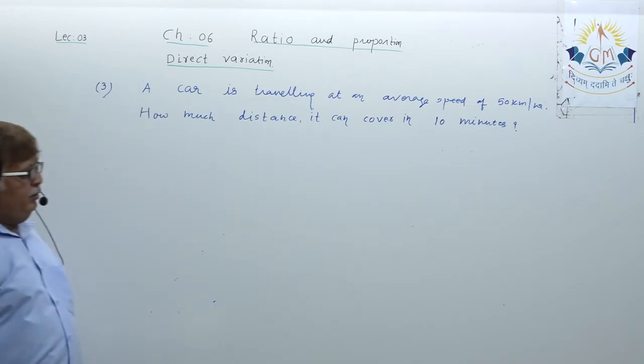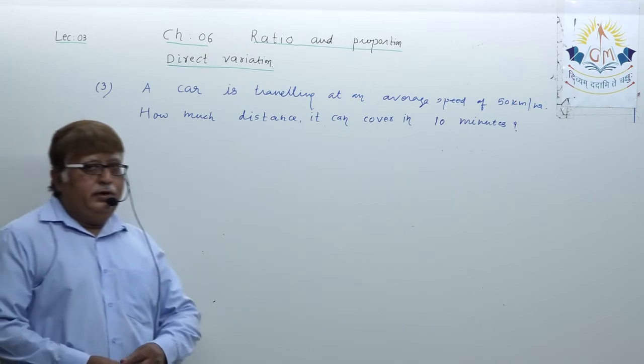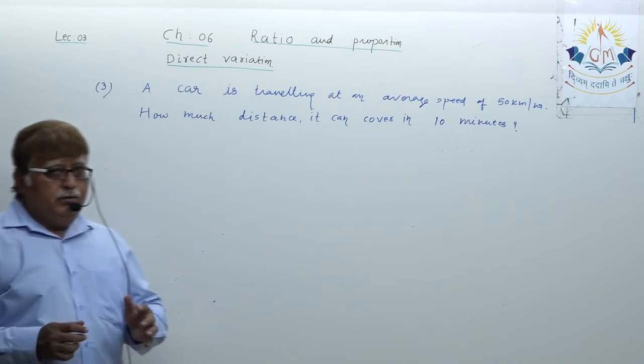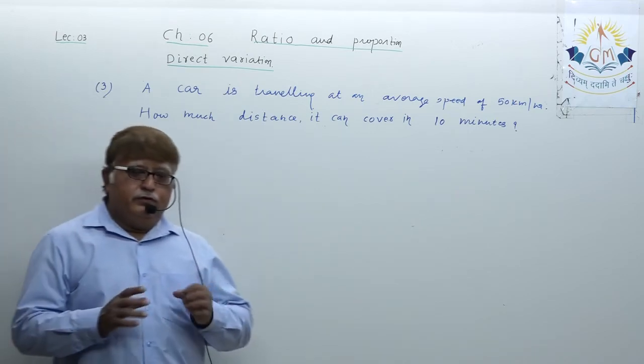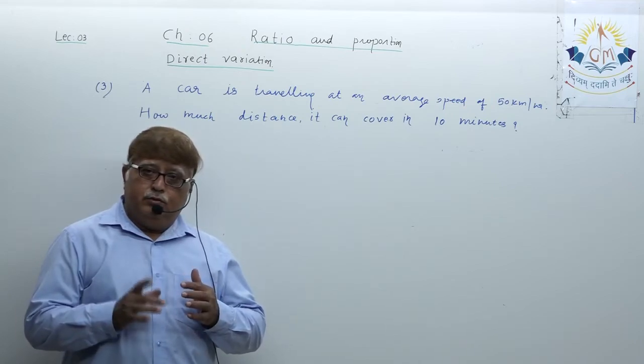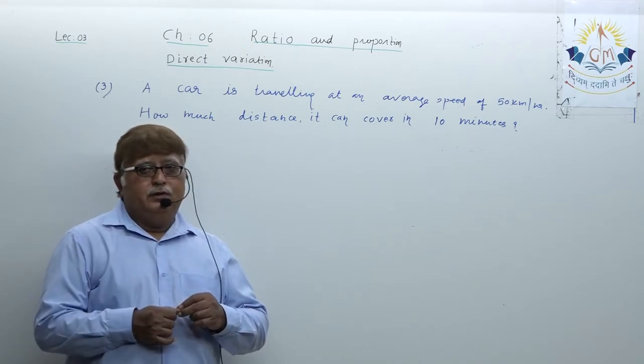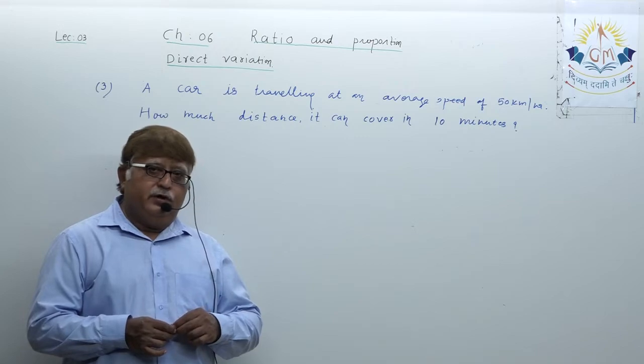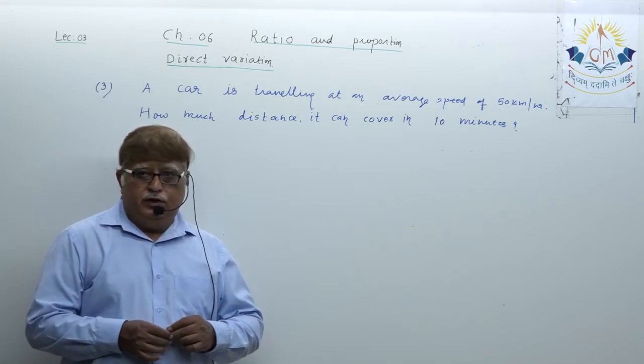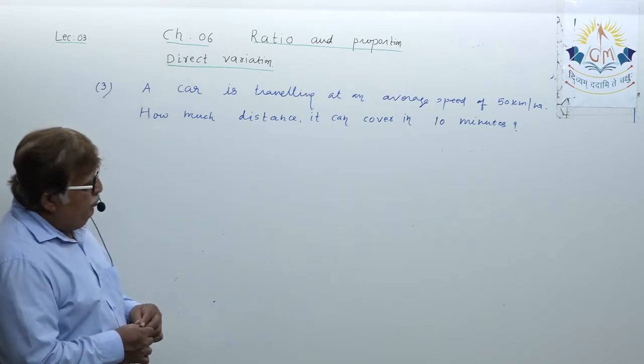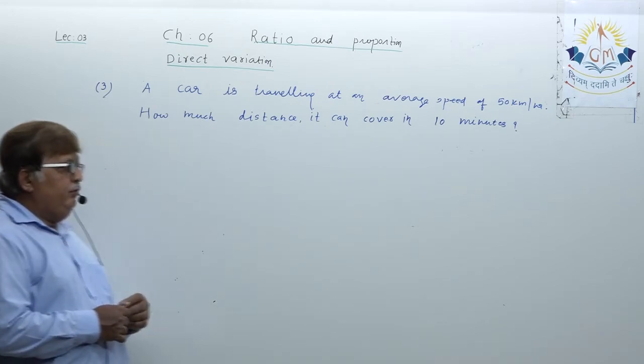The last statement of the sum is going to help you a lot to decide which two physical quantities to relate. One to be taken as x, one to be taken as y. This is very important for you to decide.